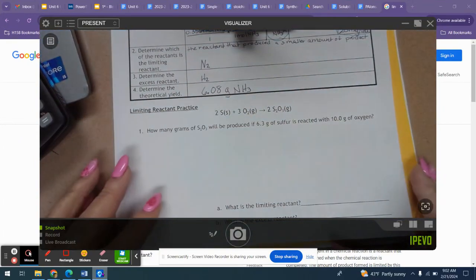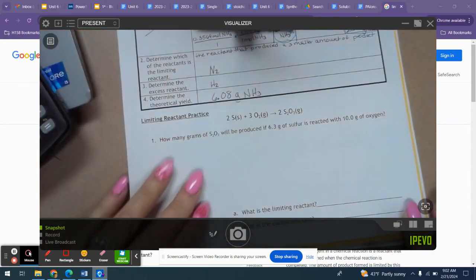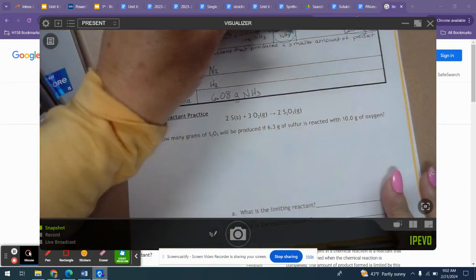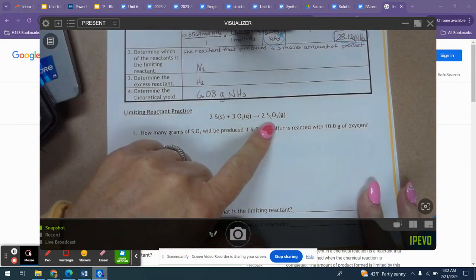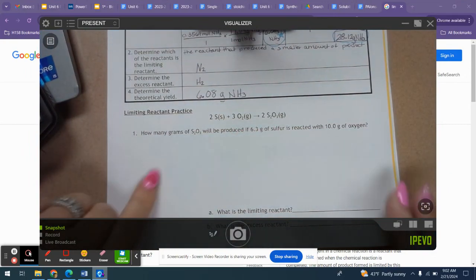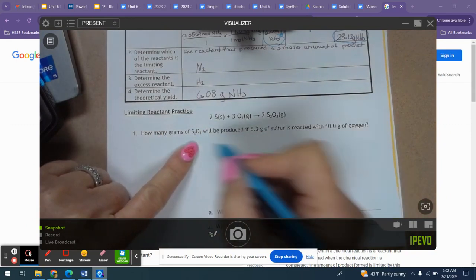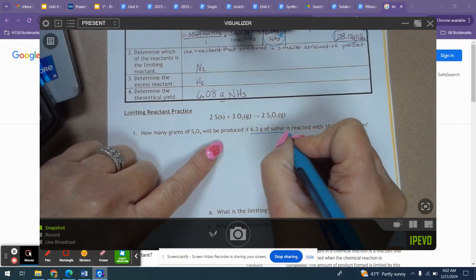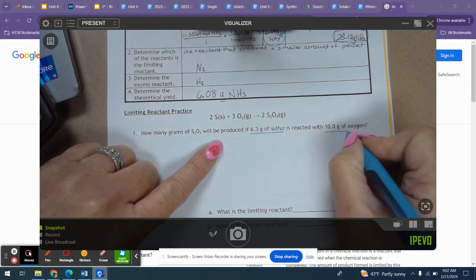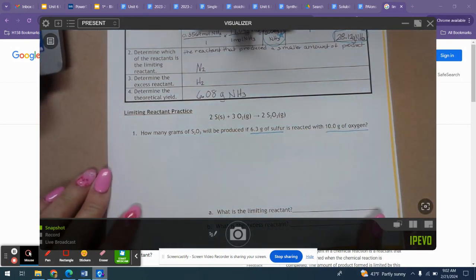So here we have another equation. We're reacting sulfur and oxygen to produce disulfur trioxide. How many grams of S2O3 will be produced if 6.3 grams of sulfur is reacted with 10 grams of oxygen?